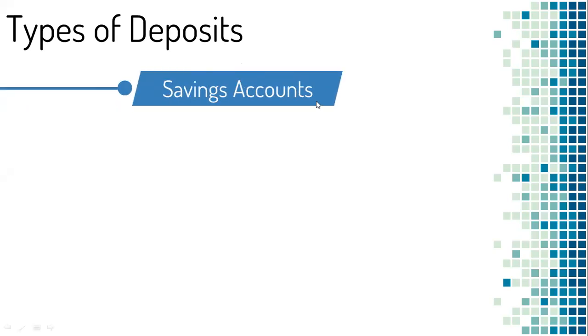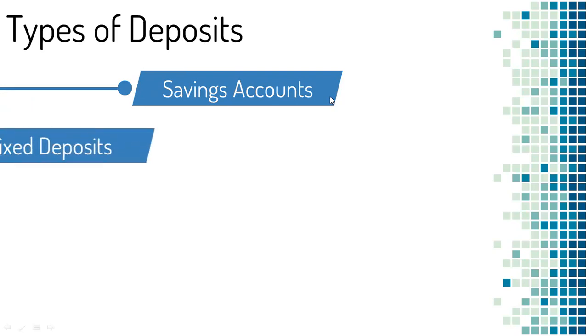The first one is the savings account. I think we all are aware of that, and most of you have a savings account in a commercial bank, maybe. And the next one is fixed deposit.